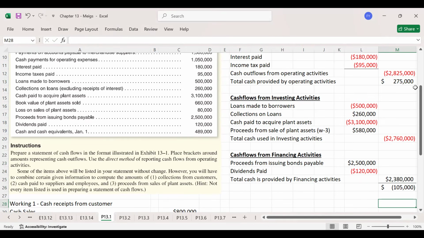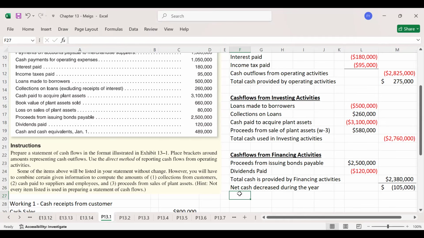So class, by adding cash provided by or used by all three activities altogether, we get $105,000, which is negative. Negative means this is the cash decrease during the year. So this is the net cash decrease during the year. Now we add any opening balance which is given.